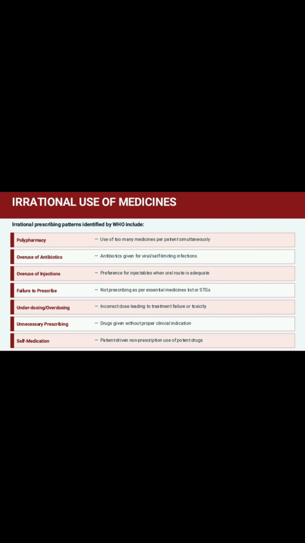Underdosing or overdosing will lead to treatment failure or toxicity. Next is unnecessary prescribing. Sometimes doctors unnecessarily prescribe drugs. It includes unnecessary use of expensive medicines without proper clinical indication. Last is self medication. In self medication, some people use over the counter drugs without prescription.